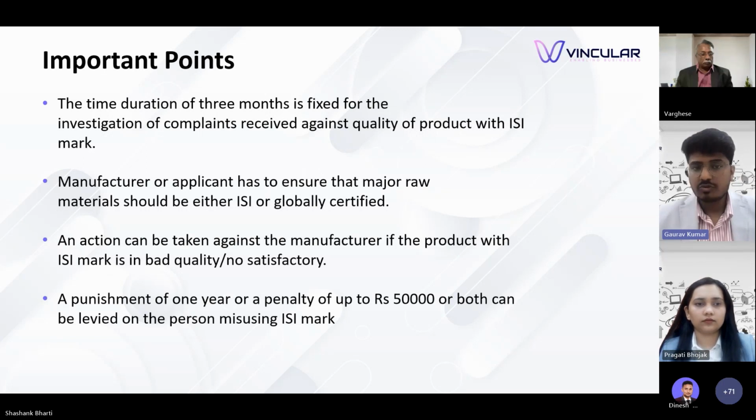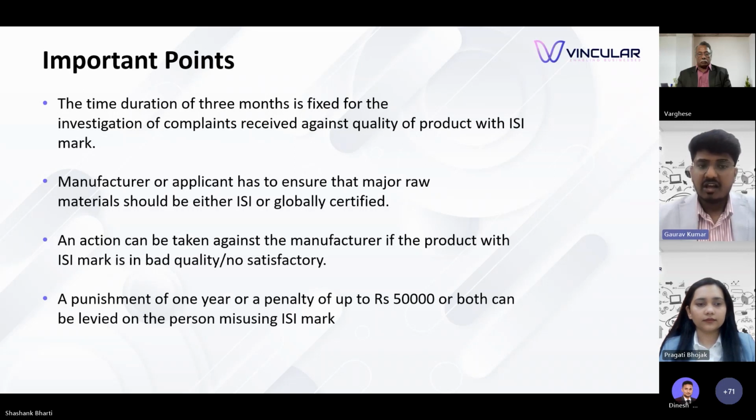If there are no such guidelines mentioned for any particular raw materials, then it is expected that at least it has to follow some norms globally, like IEC certified, UL certified, VDE certified, or any sort of global certification should be linked with those major raw materials, because ultimately those raw materials will transform into the final finished goods. So raw materials quality is also important for the bureau officers' physical visit.